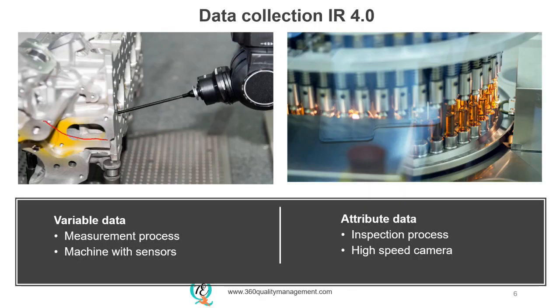There will be a lot of sensors measuring a key parameter or many key parameters at one time for a variable data collection process. For attribute data, there will be a high-speed camera inspection process that is inspecting the part.